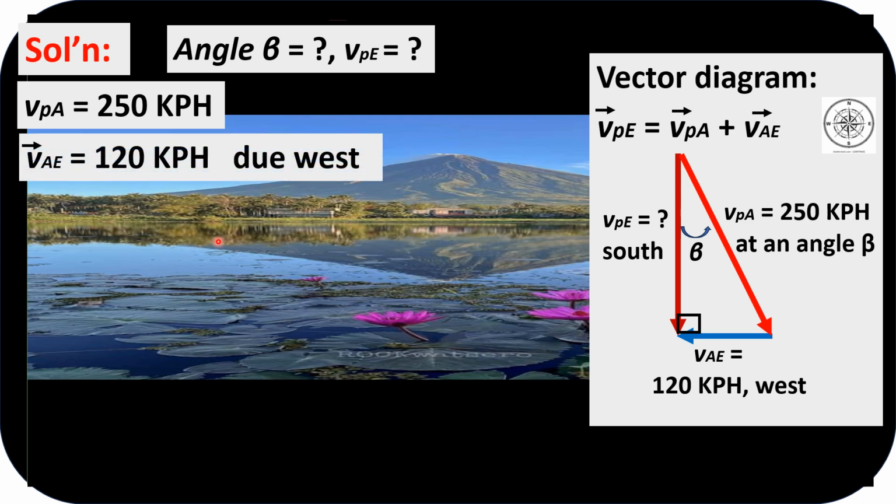And then we have the given velocity of the wind, still 120 kilometers per hour due west.